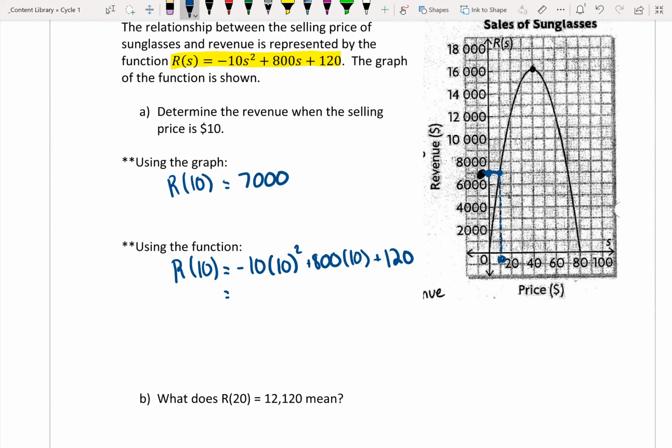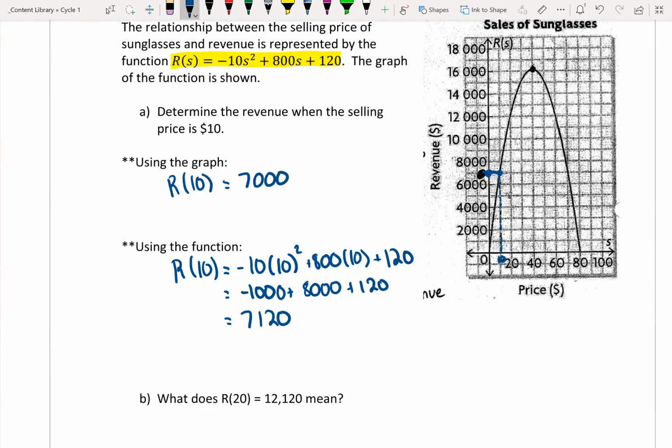So we have negative 10 times 100, negative 1,000, plus 8,000, plus 120. We should get 7,120.